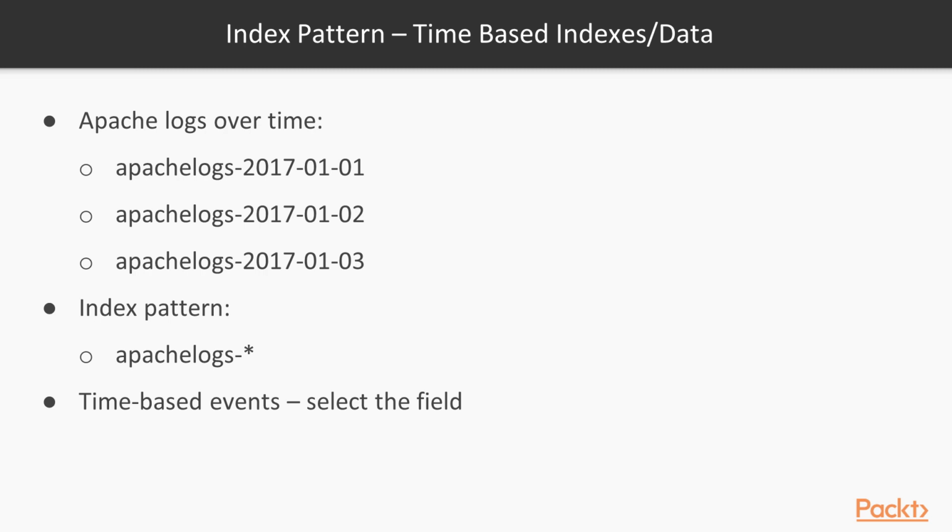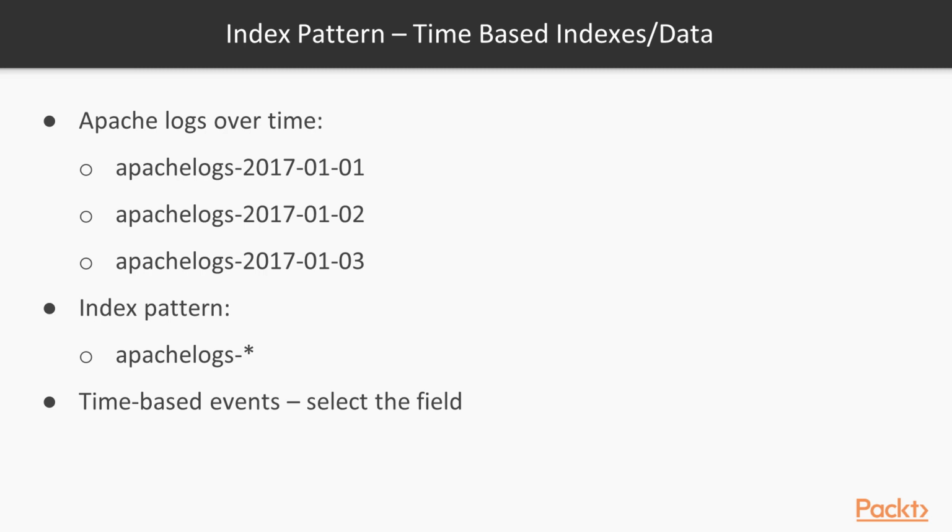We could start with apache-logs-2017-01-01 to represent January 1st, apache-logs-2017-01-02, January 2nd, January 3rd, etc. So our index pattern would be apache-logs-star. And in this case, we're going to have time-based events because when you have a request to a web server, there's a time that it was initiated, a time it was completed, and a duration of how long it took.